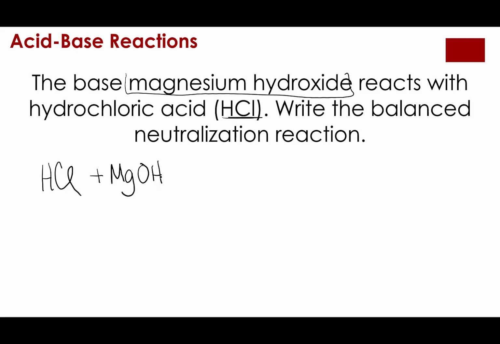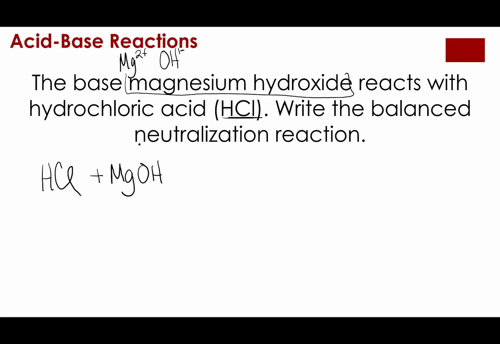Now I'm writing an ionic compound onto the paper, so I need to make sure that it's electrically neutral. So magnesium, if I look at the periodic table, he's in the second family, so he's going to have a charge of 2+. And then hydroxide is one of our polyatomic ions. He's going to have a charge of -1.